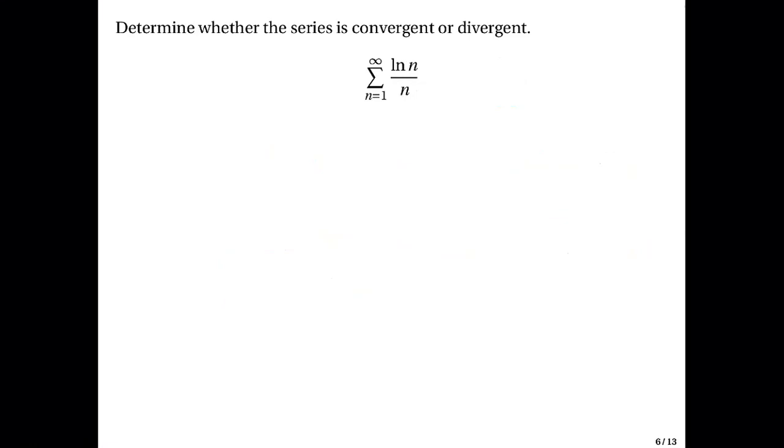But what you're going to do is, if this is your an, try to compare it with the harmonic series, 1 over n, n from 1 up to infinity. The harmonic series is divergent.